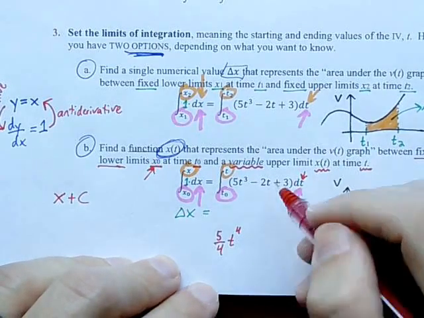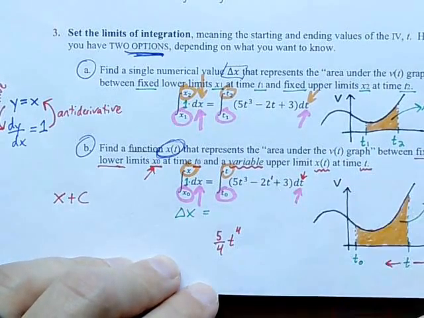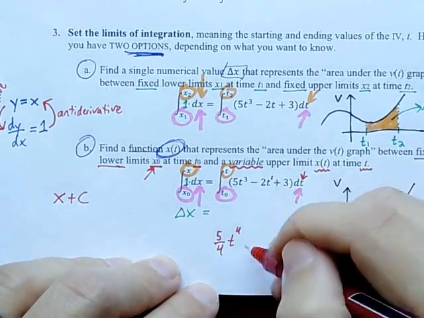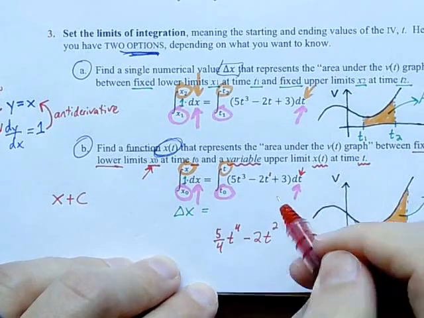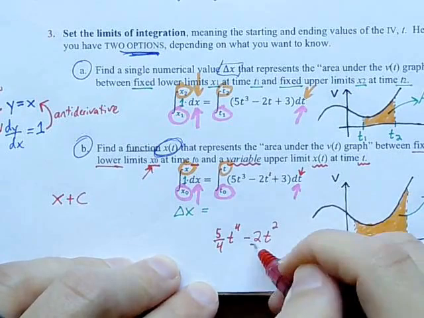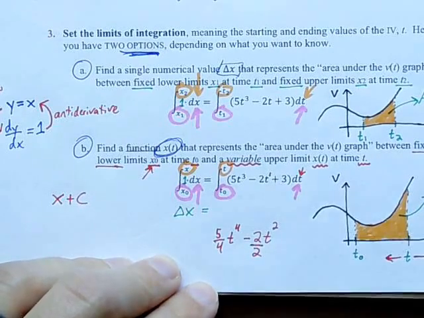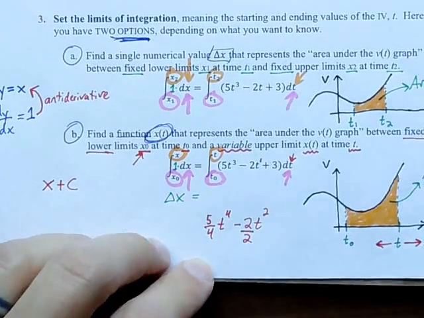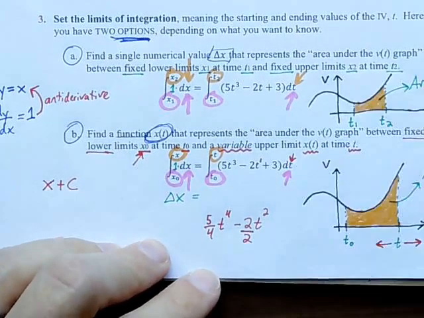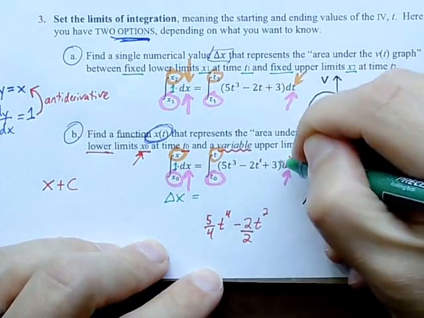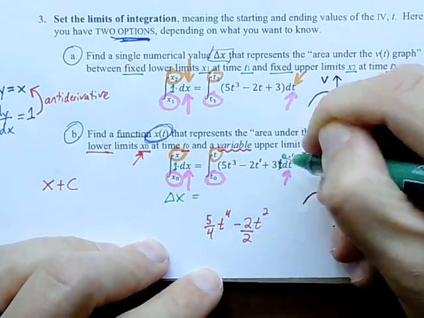Then for this term, this is t to the 1 right here. So we add 1 to that. So t raised to the power of 2, and then divide the coefficient by that new exponent. And then here on the 3, we know there's a little invisible, unseen 3 times 1, so a 3 times t to the 0 there.